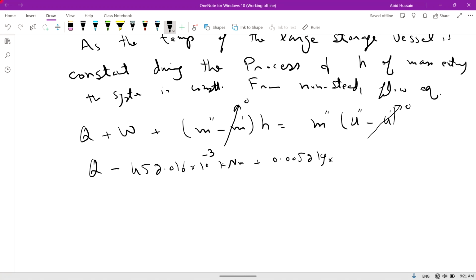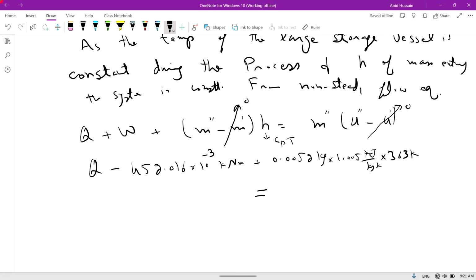The enthalpy of the air is H equal to CpT. The value of Cp is 1.005 kilojoule per kilogram per Kelvin, and the value of T is 363 Kelvin, which is the temperature of the large vessel that supplies the air.